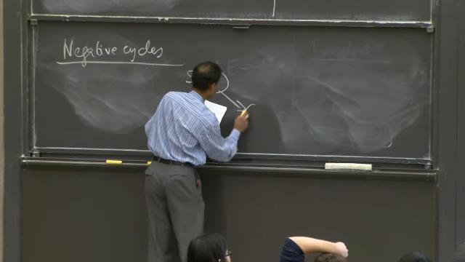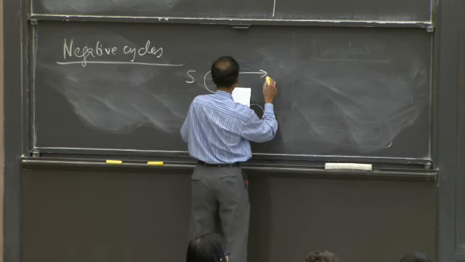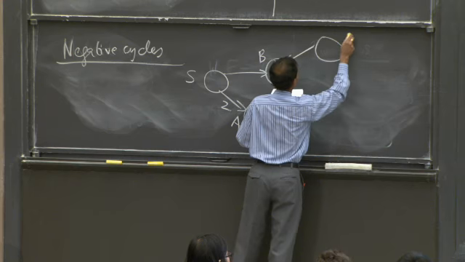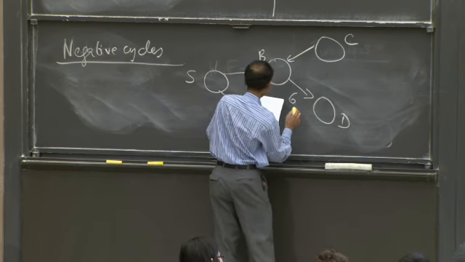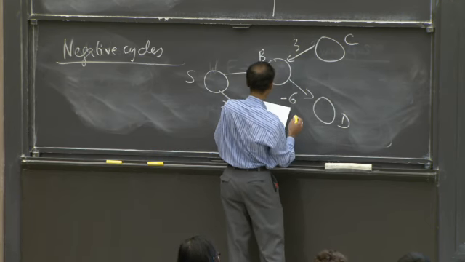So suppose you have something like this, where you have a graph that has negative weights on some of the edges, but others are positive. So this one is a -6.